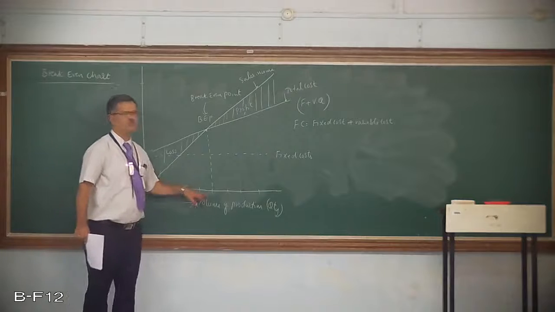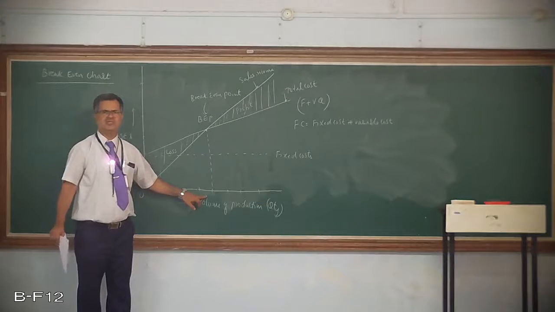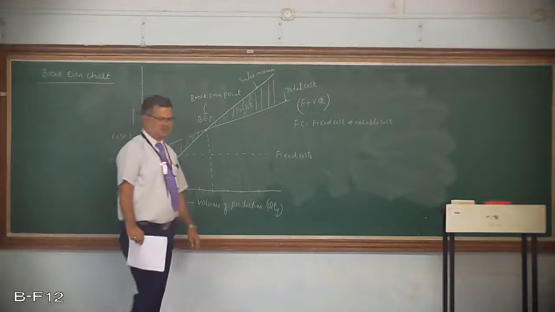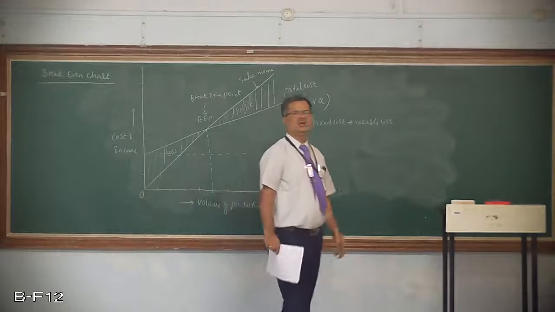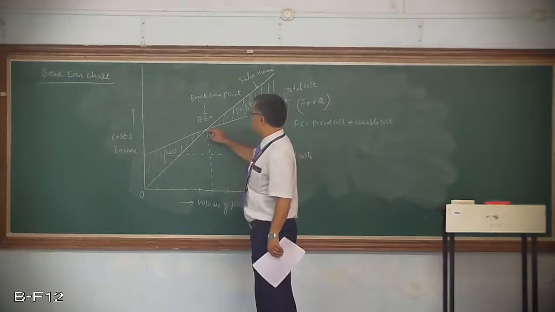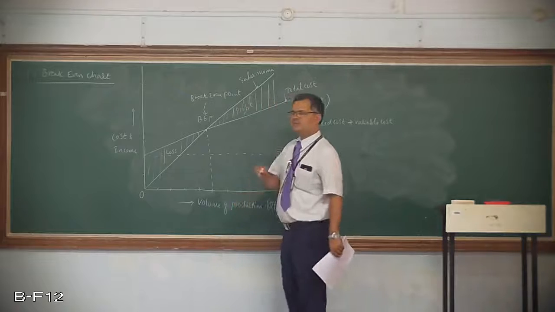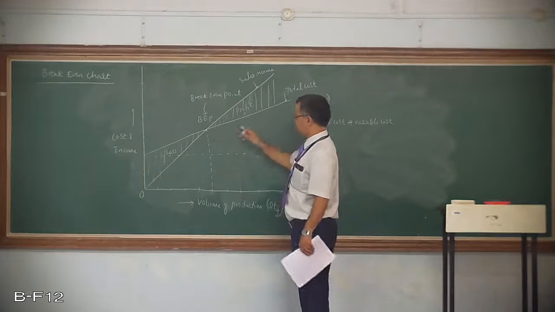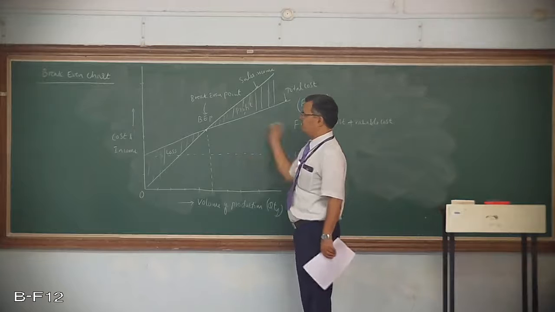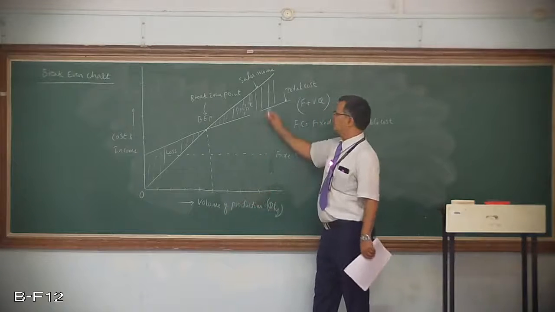For example, Q5, quantity 50: if the company manufactures 50 units, that is the break-even point, where there is no loss and no profit. Any quantity beyond this point, say Q6, Q7, Q8, Q9, for example 60 units or 70 units, is going to give profit.